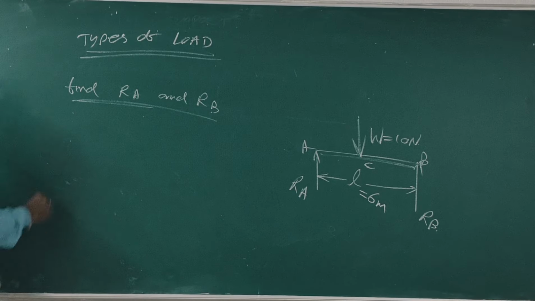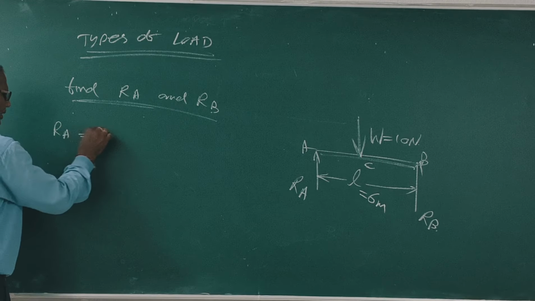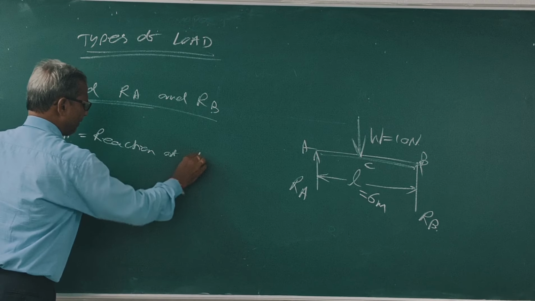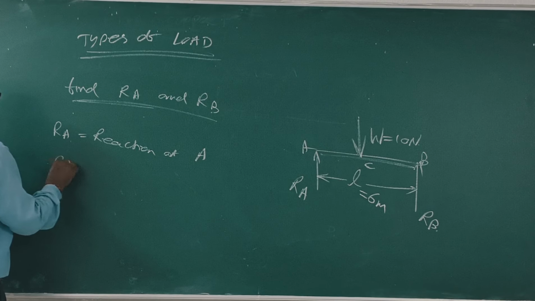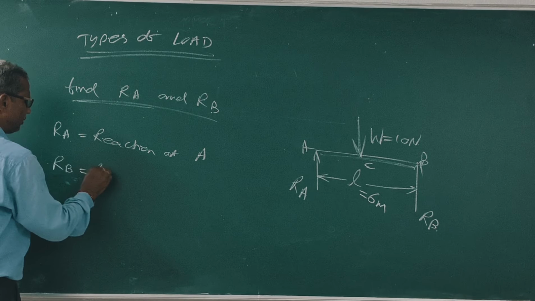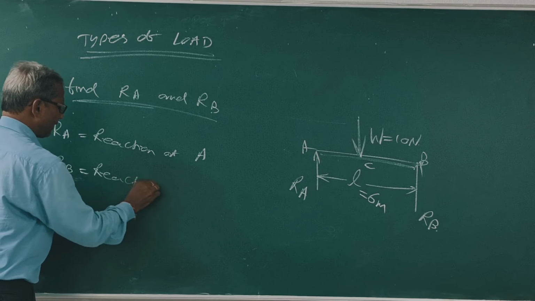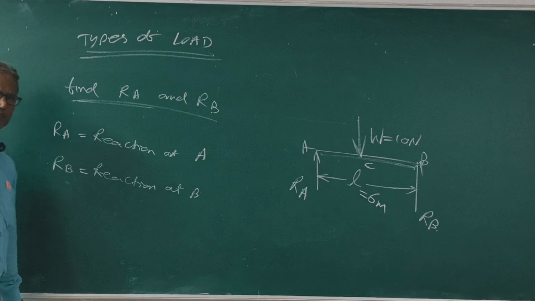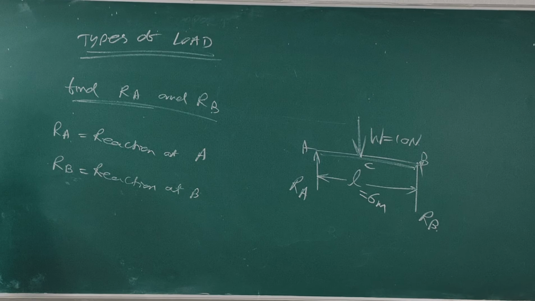Now, what is RA? Reaction at A. What is RB? Reaction at B. Clear?